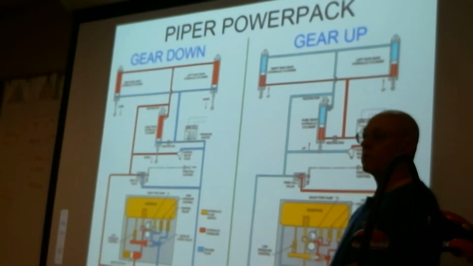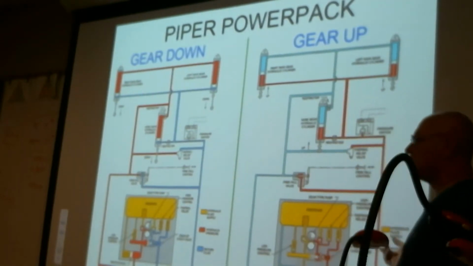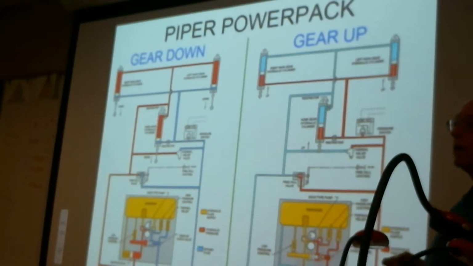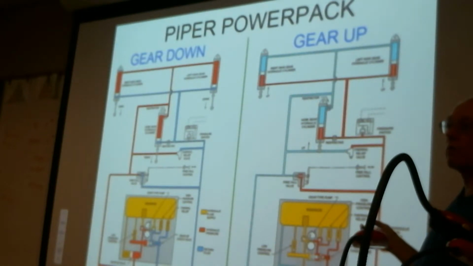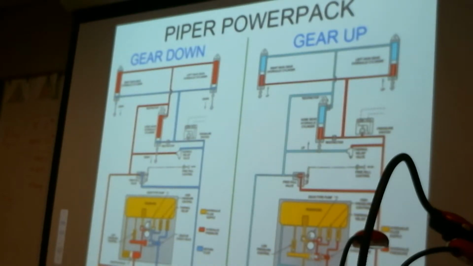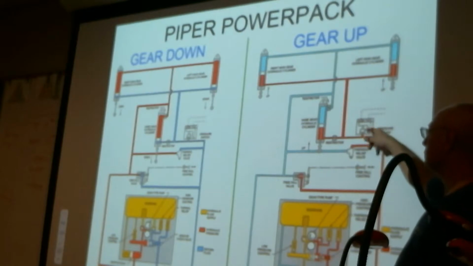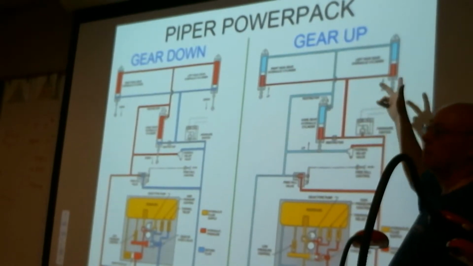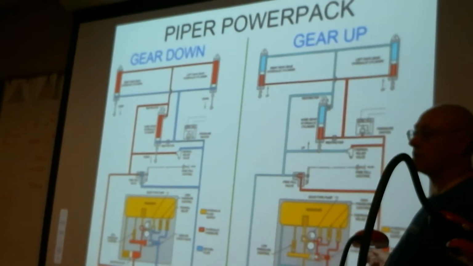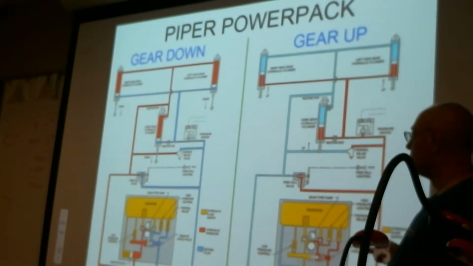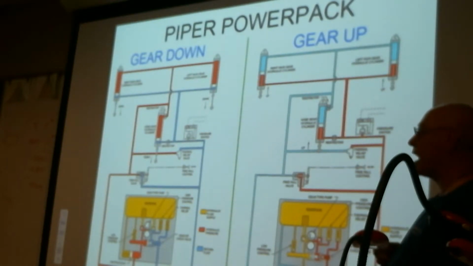Pretty simple, okay? Eventually the gear comes up, and they use a limit switch in order to shut the electric motor that's driving the pump off. So okay, the pressure switch is here, the pressure goes up to a particular value, and again, it shuts off the electric motor that drives the pump. We want to put the gear to the down position.